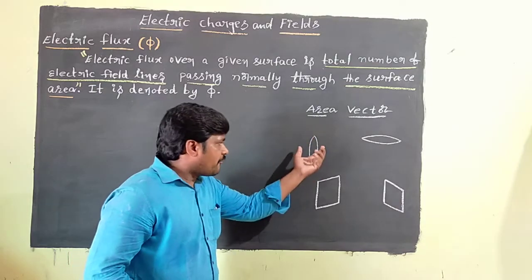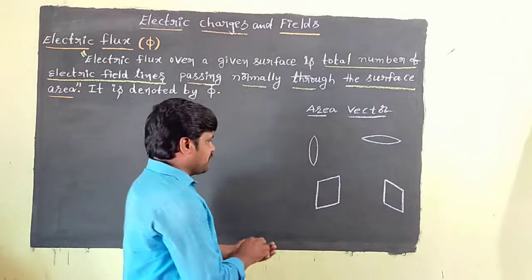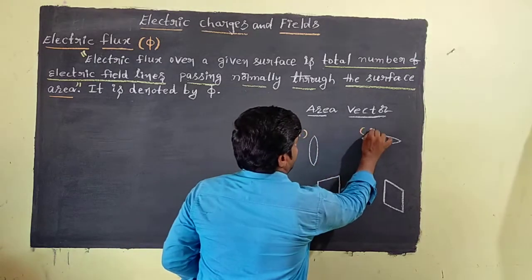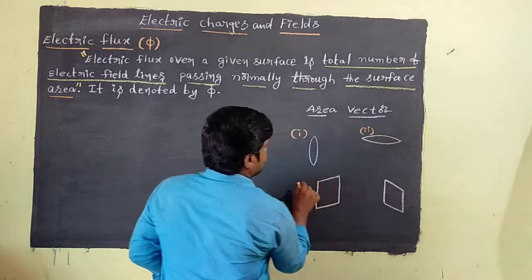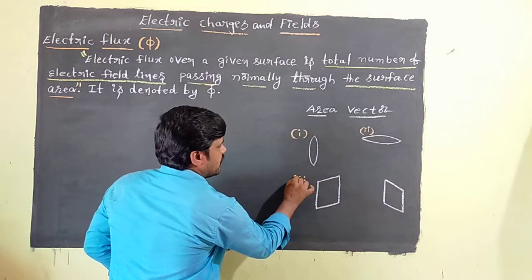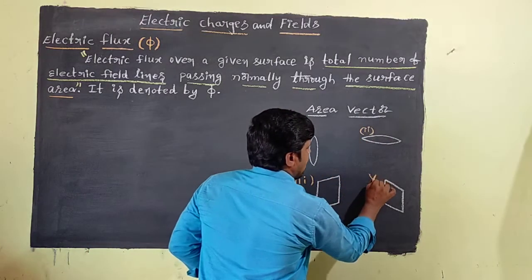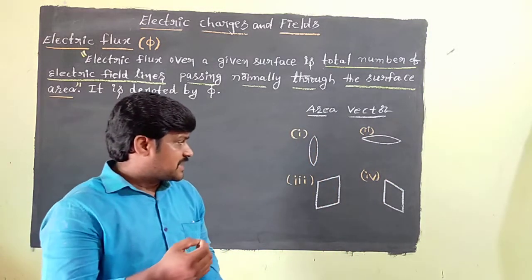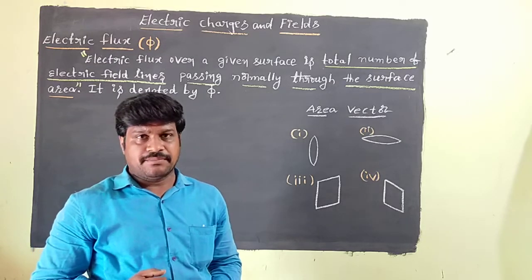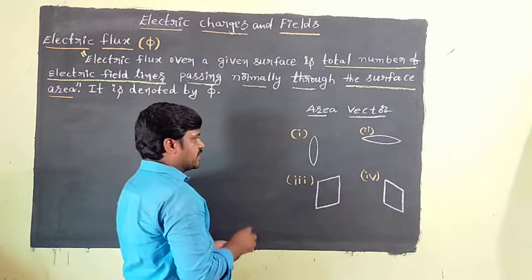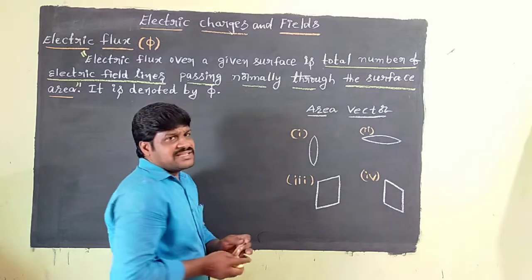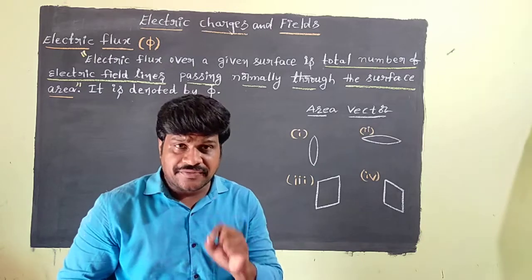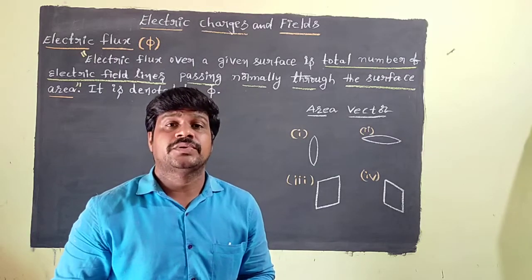For all these areas, in different cases, this is the first example, this is the second example, this is the third example, and this is the fourth example. I am giving 4 examples. In these 4 examples, what is the direction of the area vector? Always for an area, the direction of the area vector is normal to the surface.